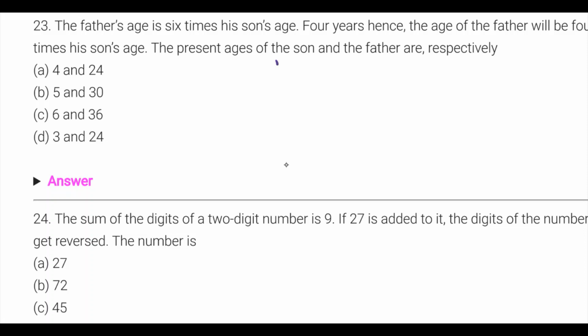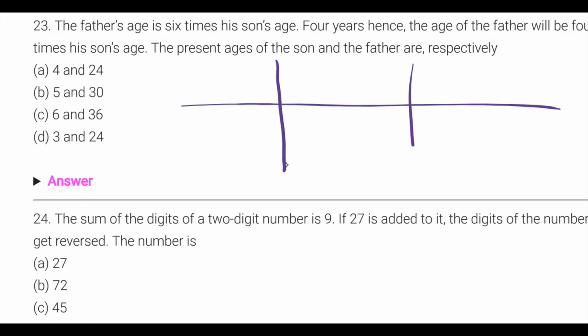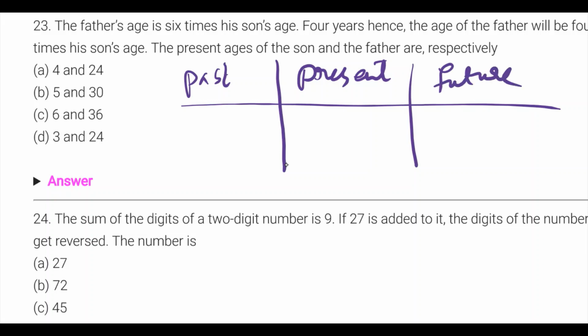So always divide the time into 3 parts, like the present, past and the future for all the problems. Whenever we get a problem based on the ages, first divide the time.